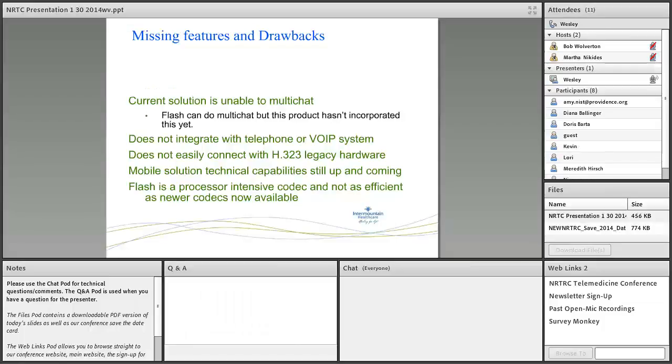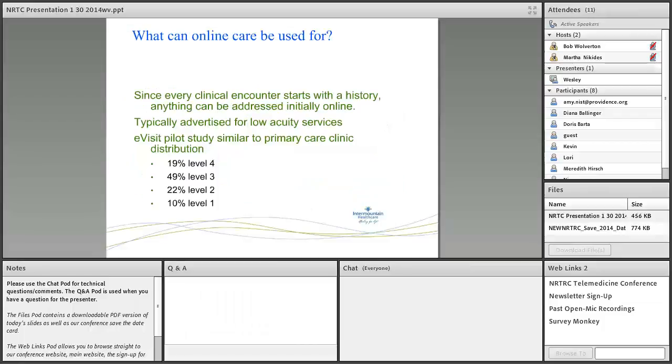But it's also possibly because we've been using Flash, and we do understand that Flash is a very processor-intensive codec and has very large packet sizes. And there are newer codecs out there that we are playing with and like much better, which allow us to have a much more efficient service and get different levels of quality.